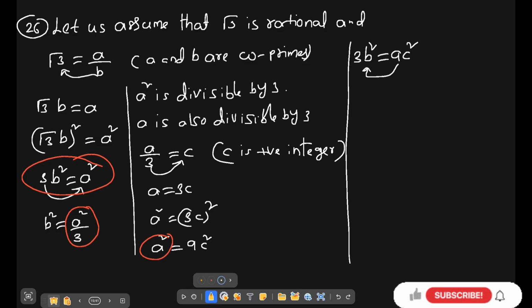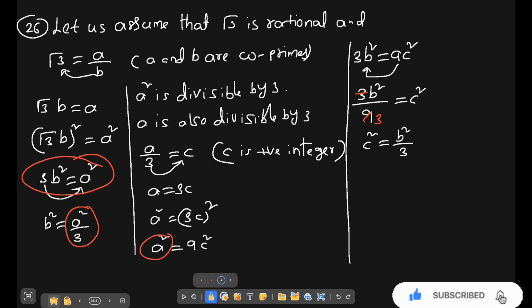Bring that 9 to the left side. 3b square is equal to 9 into c square. So we can cancel here, 3 ones are 3, 3 threes are 9. Now it will be c square is equal to b square by 3.